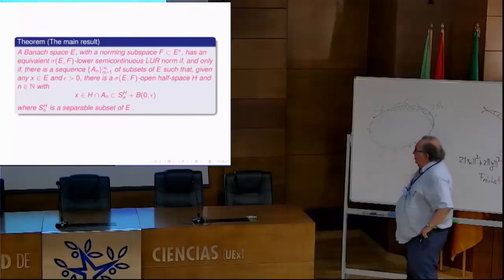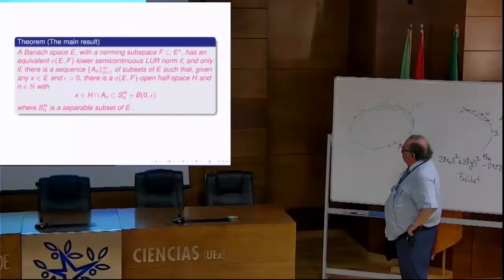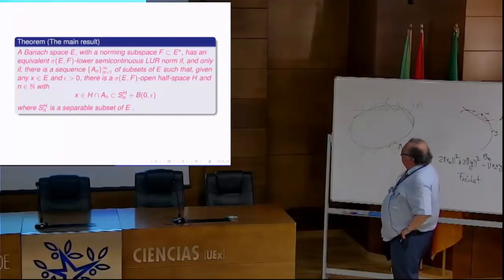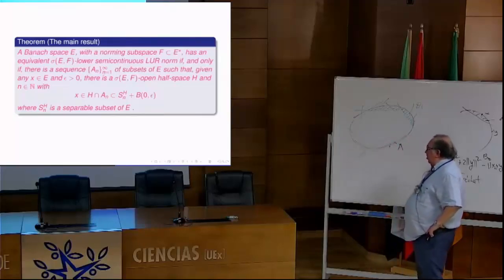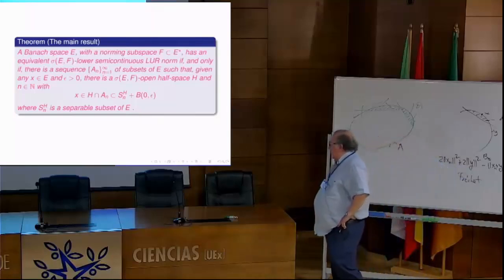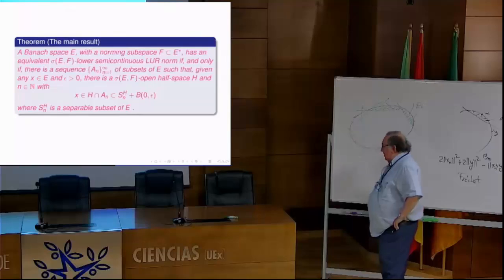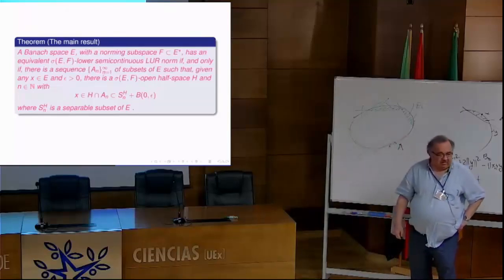Main result: a Banach space has an equivalent lower semi-continuous LUR norm if and only if there is again a sequence such that for any point x and any epsilon there is an open half space such that the slice is inside an epsilon neighborhood of a separable piece.